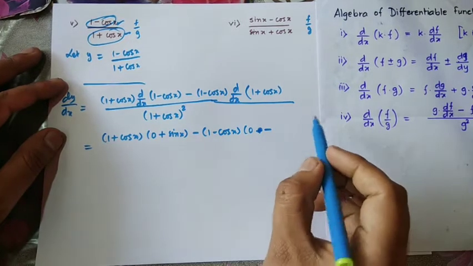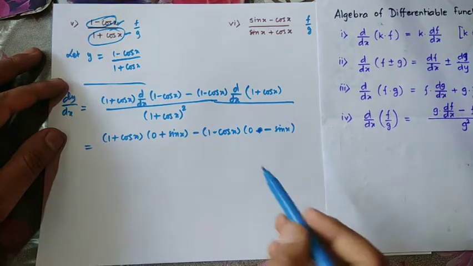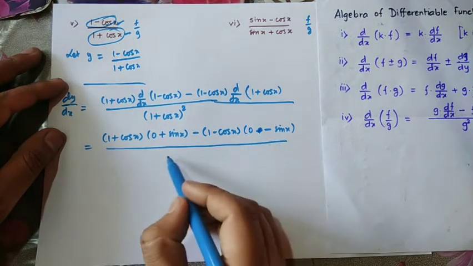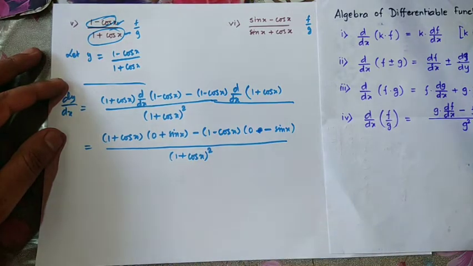So we have minus sin x. Is that clear? Divided by 1 plus cos x whole squared.